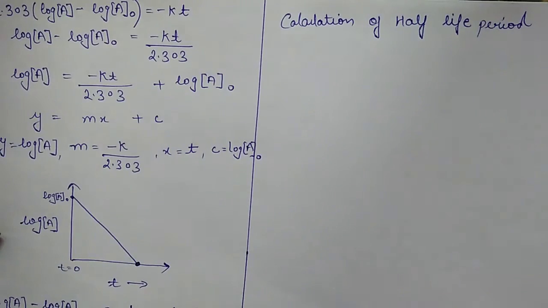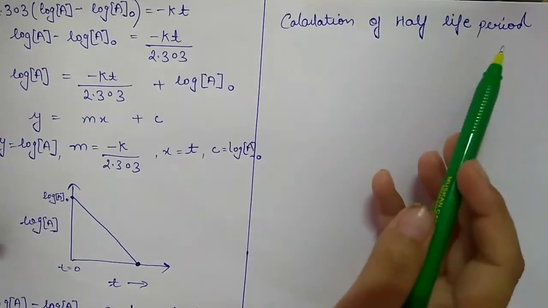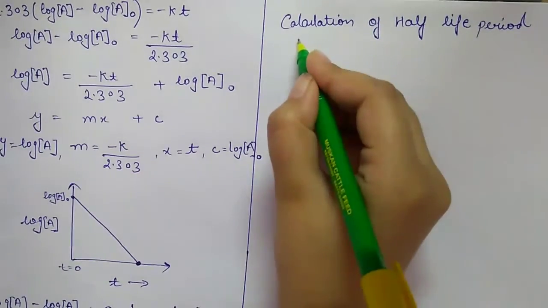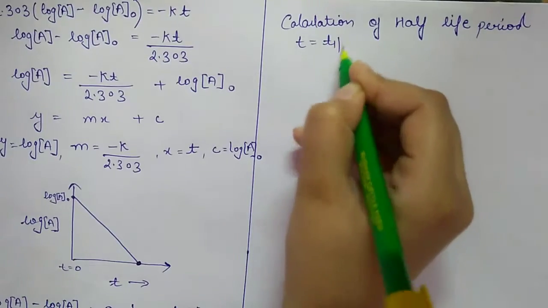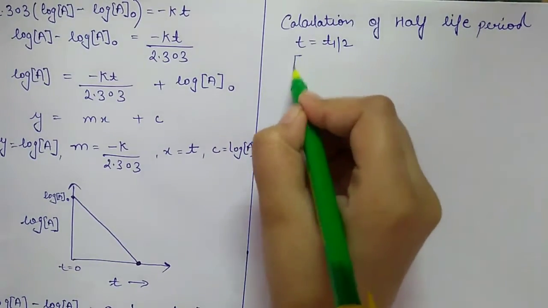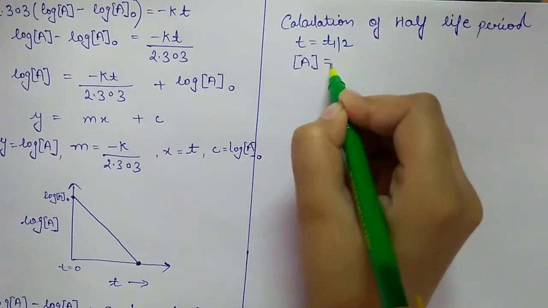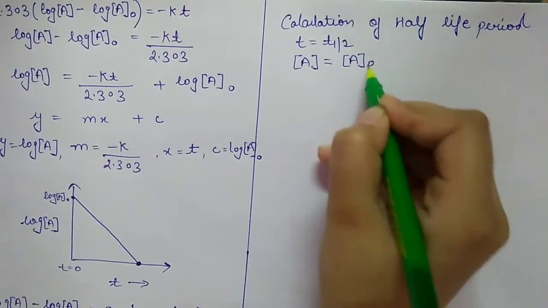Okay. Now calculation of half-life period. Okay. So at t is equal to t half, the concentration of A becomes half of the initial concentration.